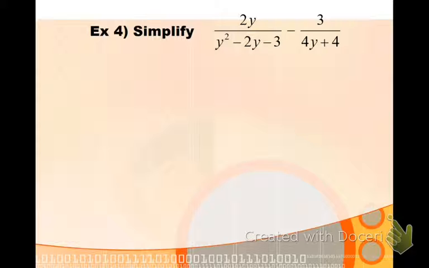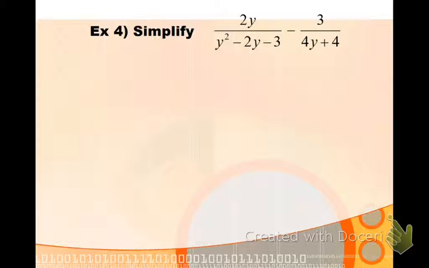Here's example 4. What's something about this problem that we need to worry about that we did not have to worry about last time? What kind of problem is it? Subtraction.